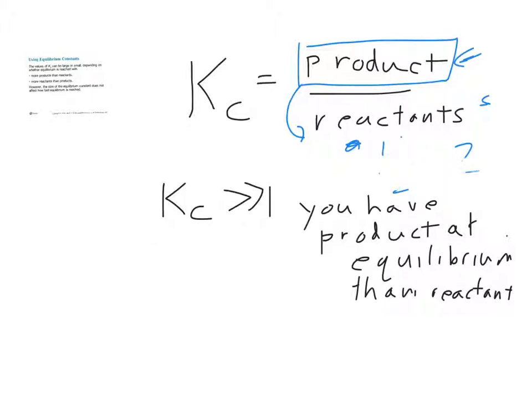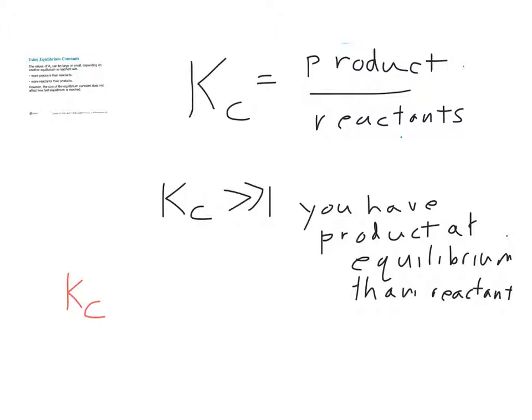Let me erase a little bit here. And by opposite, I mean if our equilibrium constant is much less than 1, that means the bottom number of our fraction, representing our reactants, has to be larger than the top number. For example, 2 to 4, right?